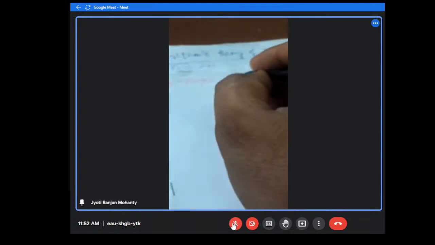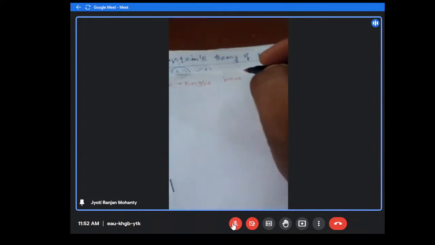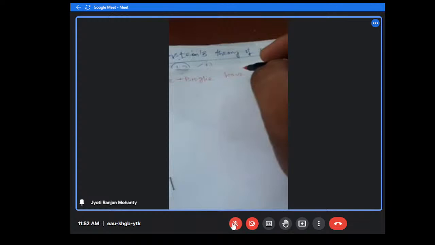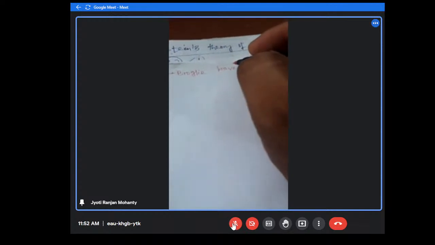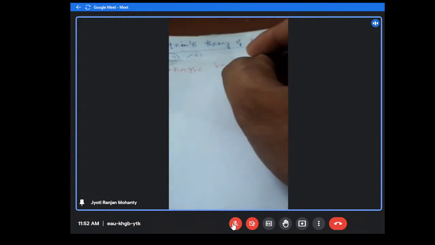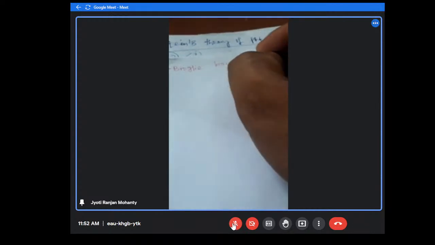Since he said that all moving objects, all materials, have a wave in nature, what will be the wavelength? These formulas are very important. For numerical based questions, you have to remember the de Broglie wavelength. Wavelength means lambda, so we have to write it in different forms.